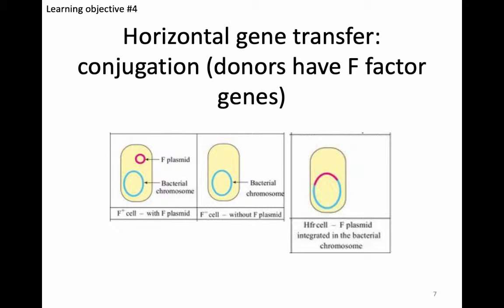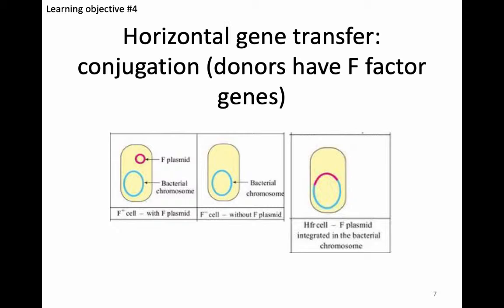The genome, or the bacterial chromosome, is shown in blue, and the plasmid, if it is present, is shown in pink. So the first cell in the middle we'll focus on is called an F- cell. So you'll notice this cell has a bacterial chromosome with all essential genes, but it does not have the additional plasmid. So this is described as an F- cell. In a conjugation, this F- cell can only be a recipient of transferred DNA.